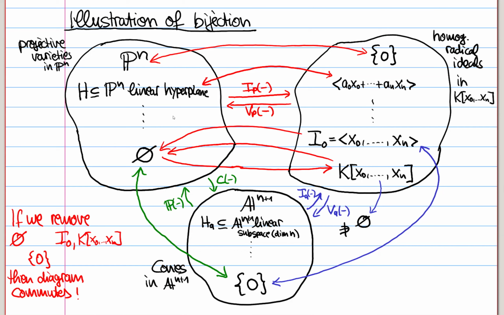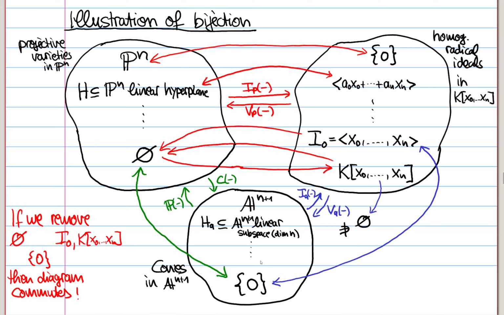The reason why it's a bit awkward is that, for this bijection, the I0 was the bad guy. But you could also try to go between cones and homogeneous radical ideals by the usual affine vanishing loci and ideals. And there it turns out that the other guy is the bad guy because the affine vanishing locus of the full ring is the empty set, because 1 is in there.